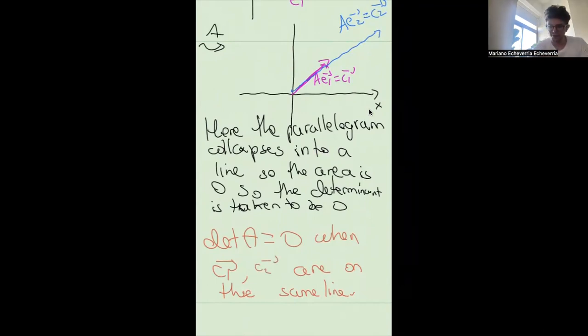But I don't know if you remember before the break, when was I saying that two vectors belong to the same line? When does that happen? When are two vectors on the same line? When did we have that before, a couple of minutes ago?